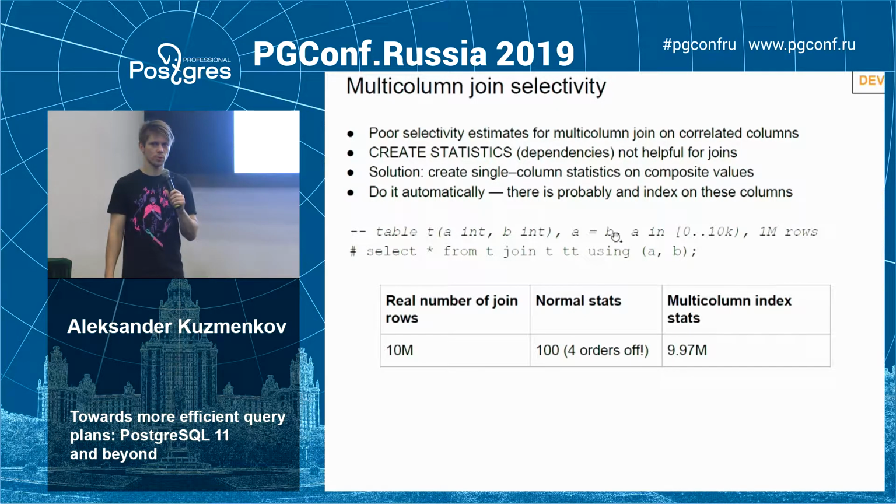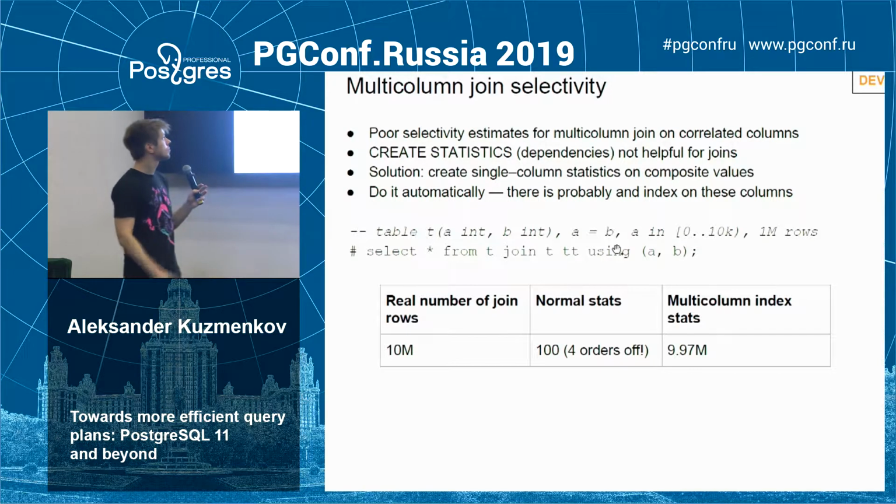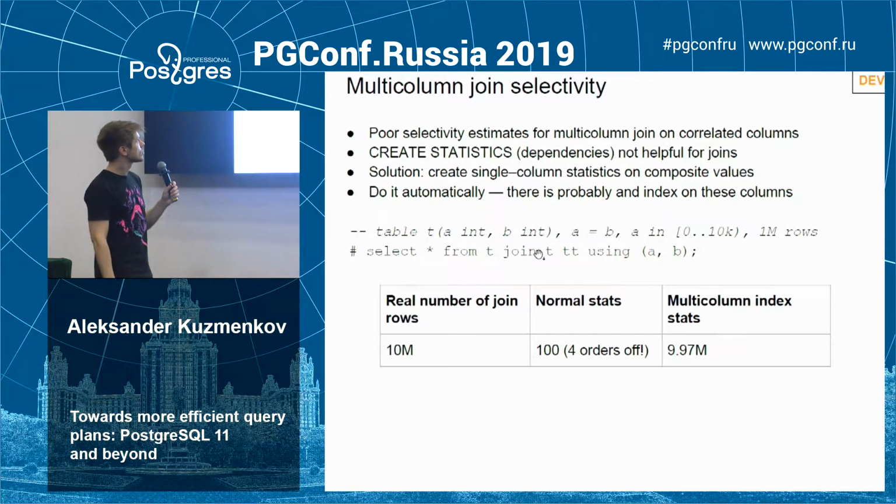For example, if we join several columns, we have a certain index and we can create a multi-column index. We can create some statistics on it by using composite values.